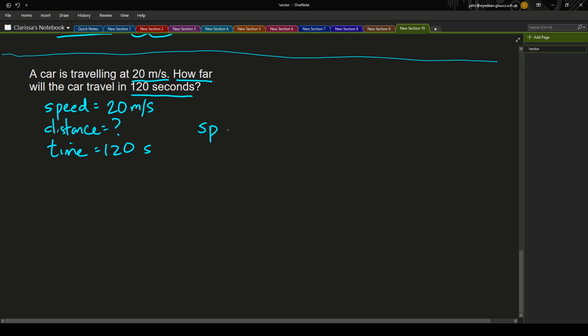Write out my formula. Speed equals distance over time. Substitute things in. Speed, I have 20. Distance, I don't have anything. I'm going to leave it as D. Over time as 120. Now, our variable's already at the top, so I don't need to move it or anything like that.